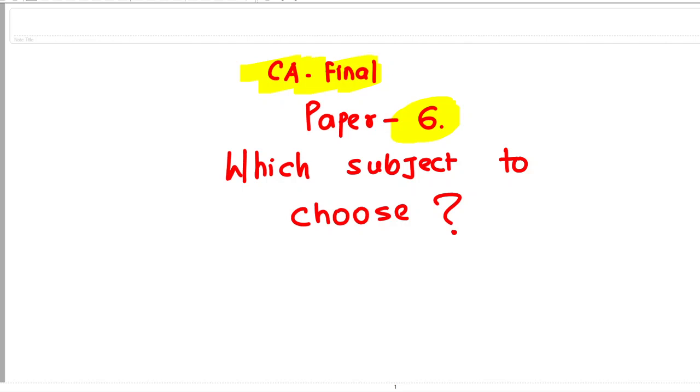Now, why choose this subject wisely, or why has the institute given you this option to choose one subject? So first let us discuss our other subjects. Paper number 1 is financial reporting. Paper number 2 is strategic financial management.